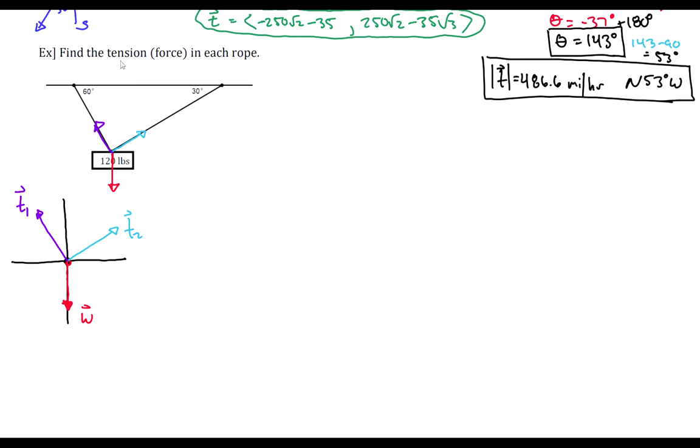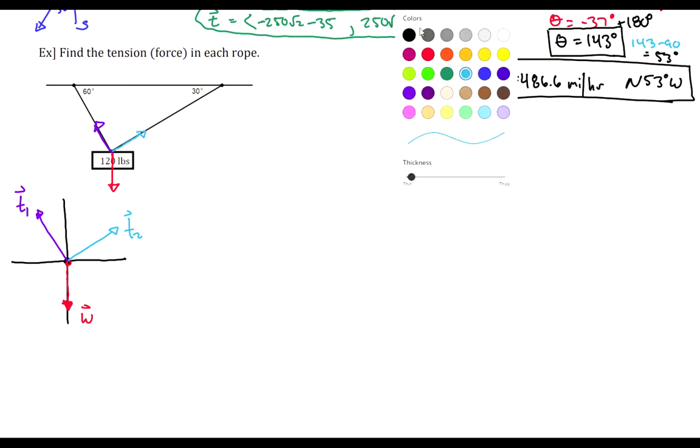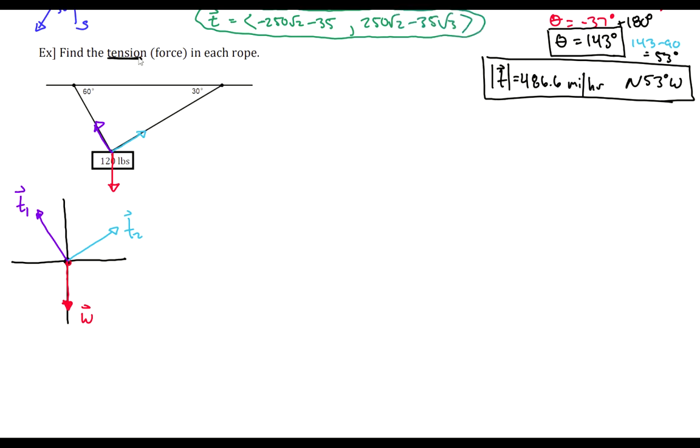When it says find the tension, they are wanting us to find the magnitude of these. That's the tension they're talking about, but we really want it in component form first.